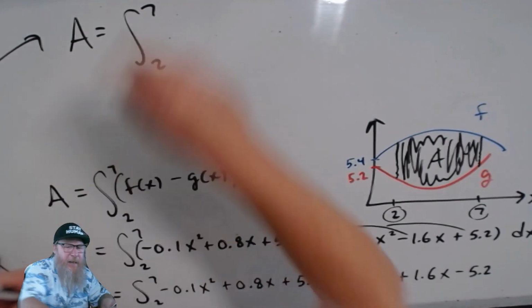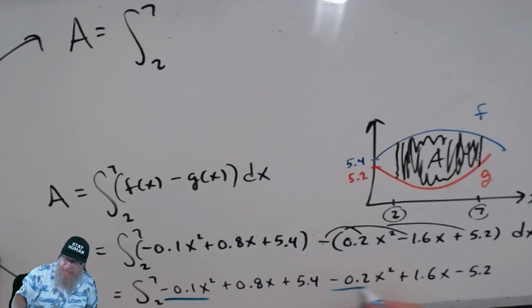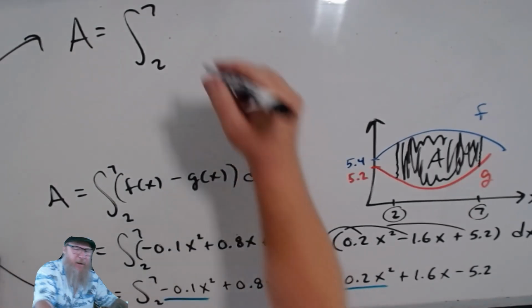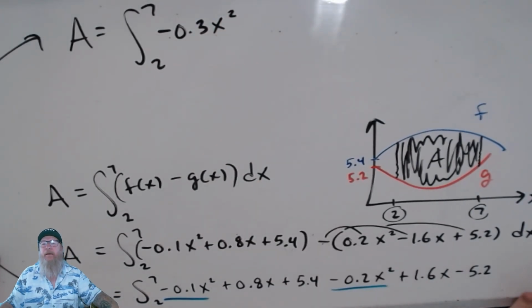I'm going to combine all the like terms now. So I got negative 0.1 x squared, negative 0.2 x squared. That's negative 0.3 x squared.